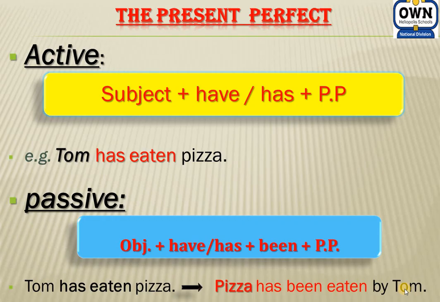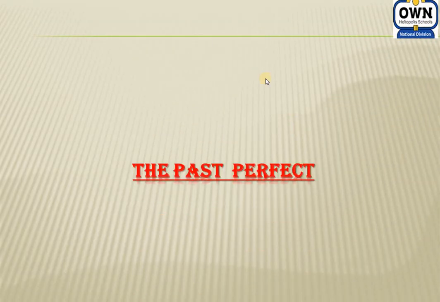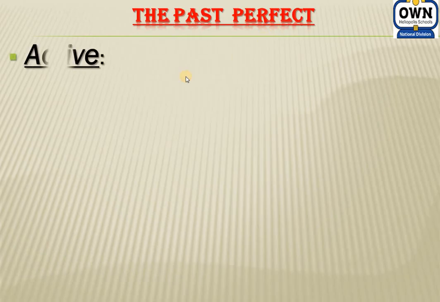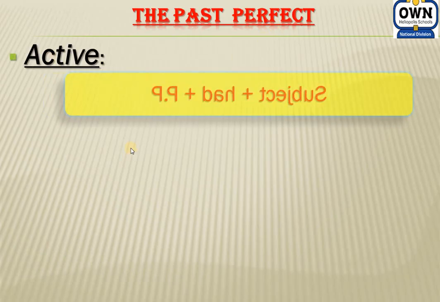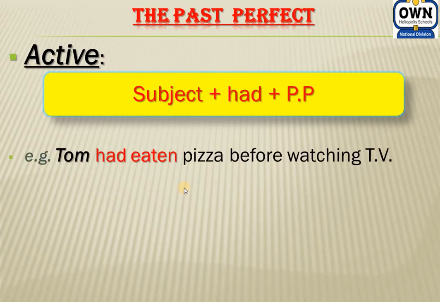of eat, by Tom. Another tense, the past perfect. The past perfect active. The form of the past perfect is the following: subject plus had plus past participle. This is a sentence: Tom had eaten pizza before watching TV.